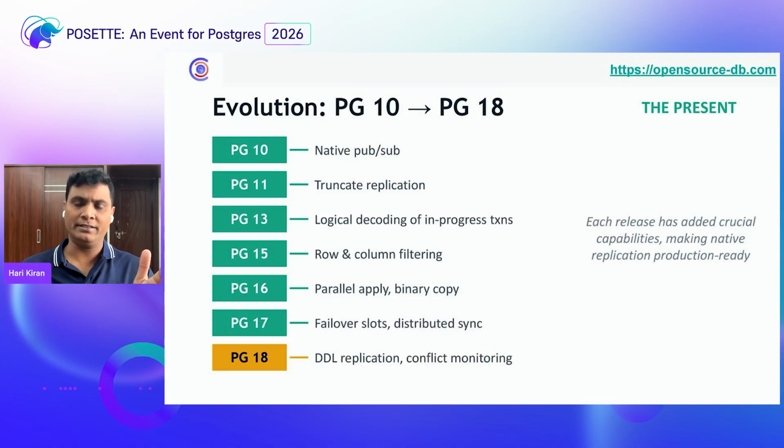Each of these releases, when we look at these blocks, the foundational blocks from the 9.4 world to 10 to 18, right? We've been building towards making native logical replication truly production ready, right? And I'd argue that as of PG18, we are now far ahead of the curve when it comes to replication.